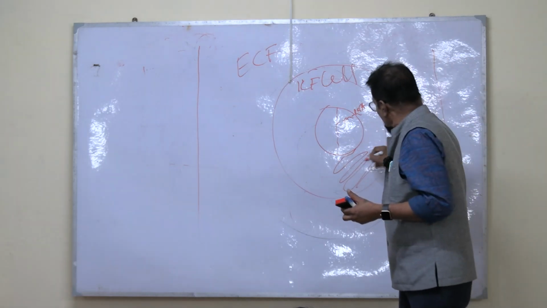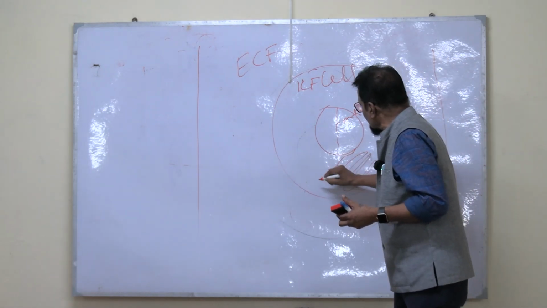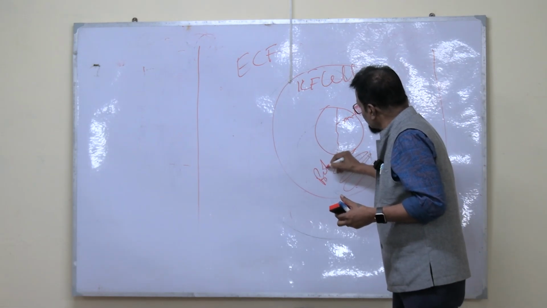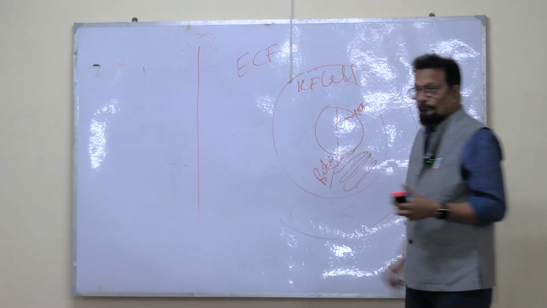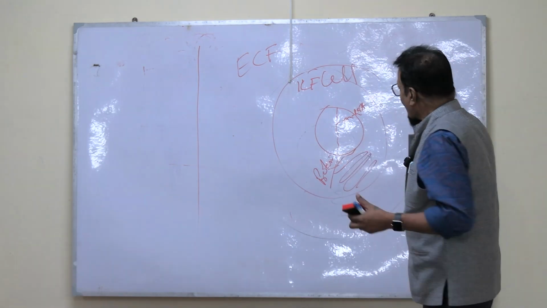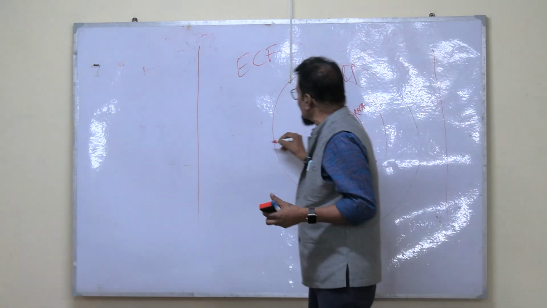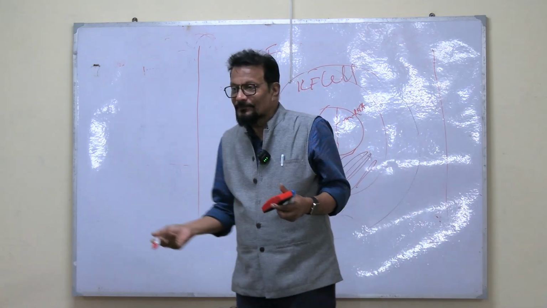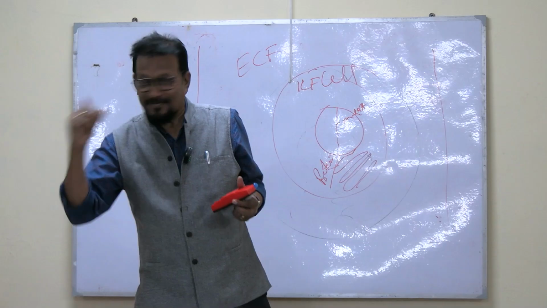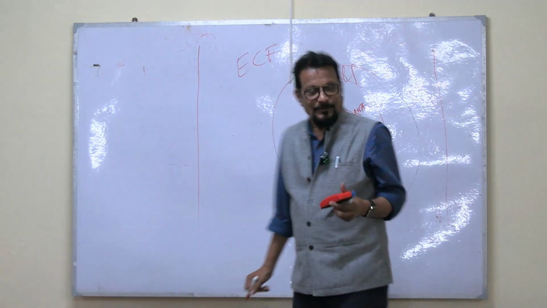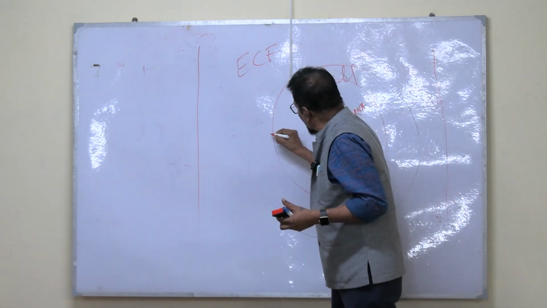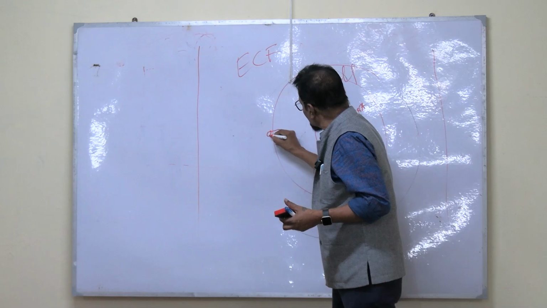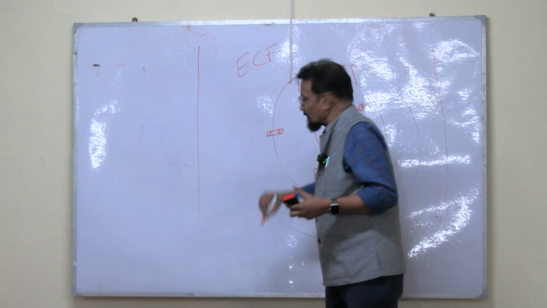Translation of the mRNA will produce a protein, and this is nothing but a membrane protein, nothing but a channel for potassium. So it developed a potassium channel.